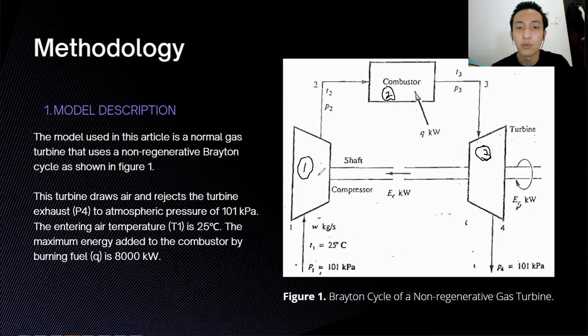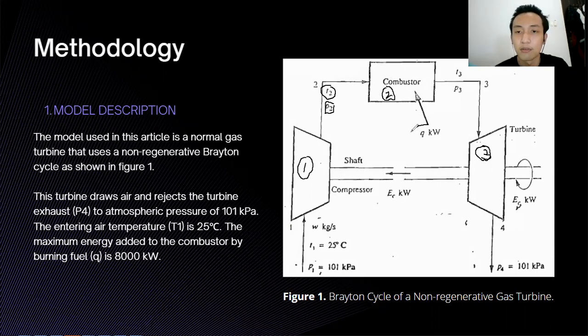The compressor then compresses the air, and it comes out at pressure P2 and temperature T2 at point 2. After it has reached high enough pressure from the compressor, it is transferred to the combustor, where the high-pressure, high-temperature air is given fuel, or given heat.